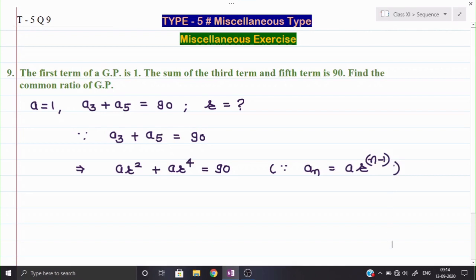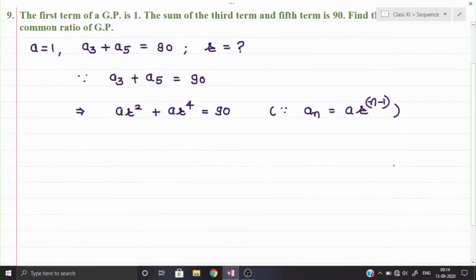Now we shall take a common. Actually we can take a r square common, but there is no use taking r common because we need to find the value of r. So a into the bracket r square plus r to the power 4 is equal to 90.